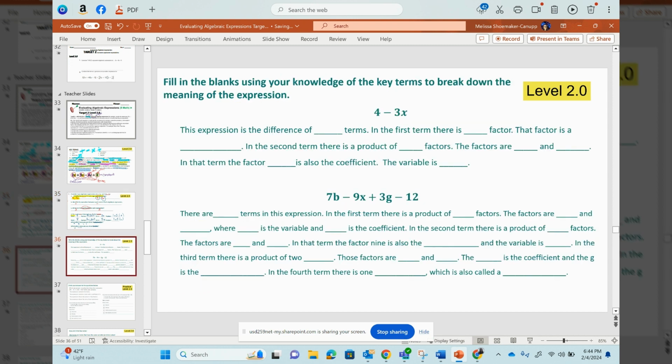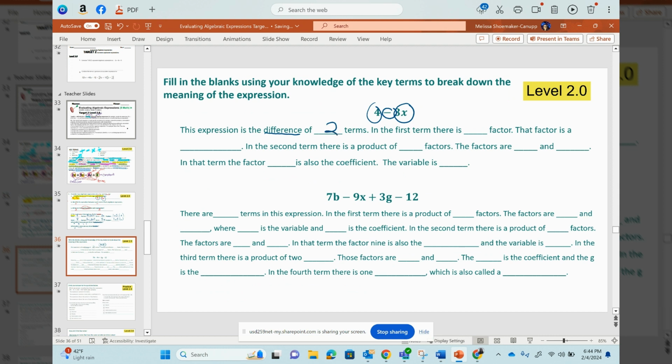Okay, now let's see if we can get this right. We're going to fill in the blanks using our knowledge of the key terms to break down the meaning of this expression. This expression is the difference. Do you see why it says difference? How many terms? 1, 2.